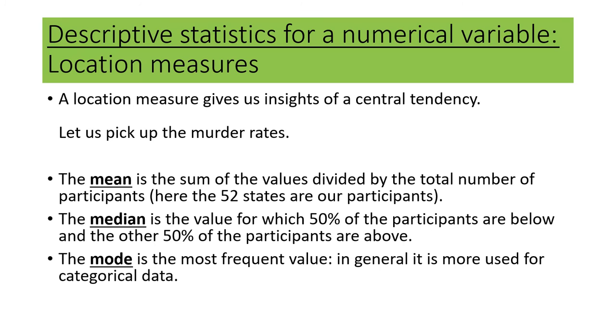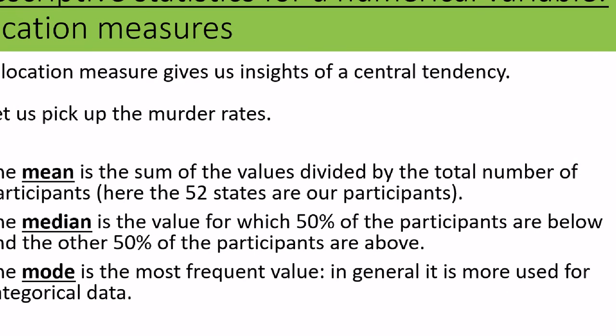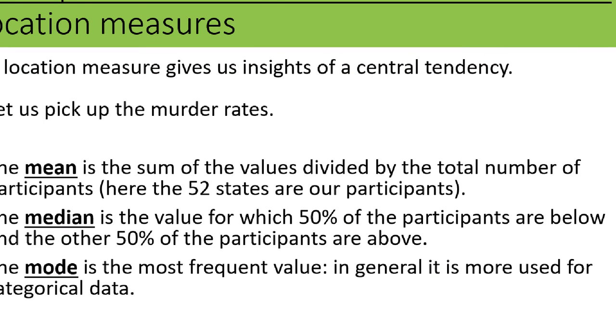That's the average that you probably know, not to be confused with the median, okay? The mode is the most frequent value. In general, it is more used for categorical data. When you have continuous data, I would suggest not to look at the mode, but rather the mean and the median. Okay.